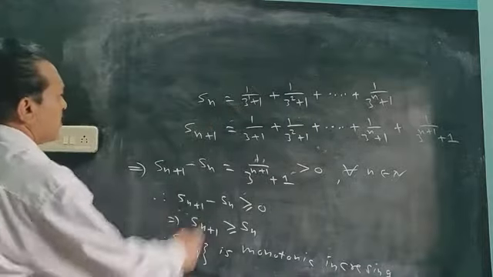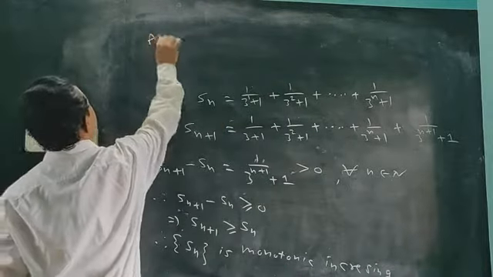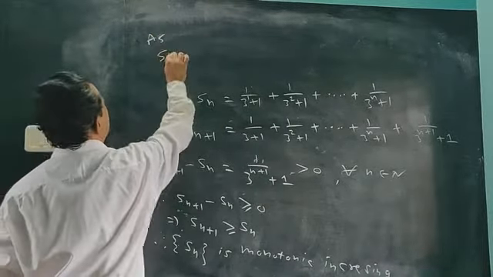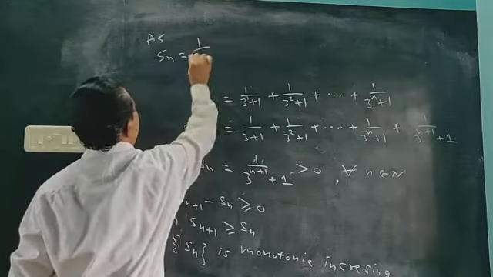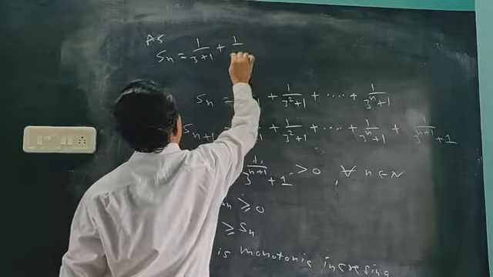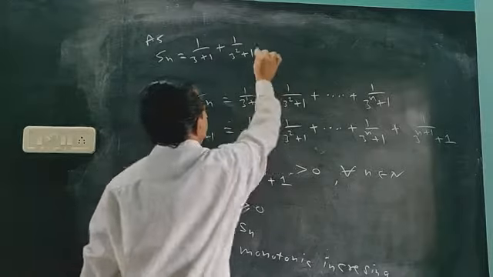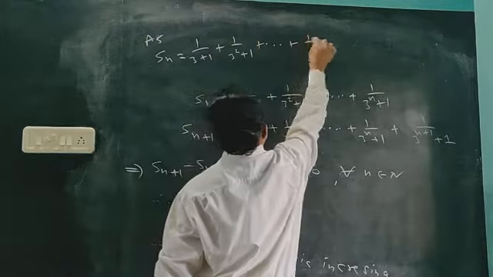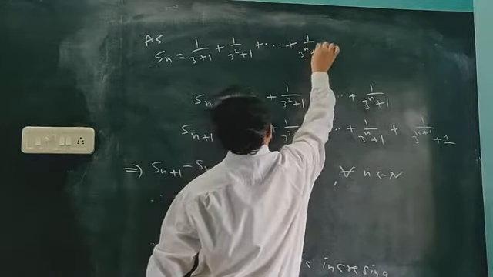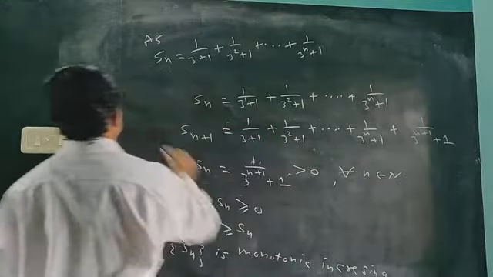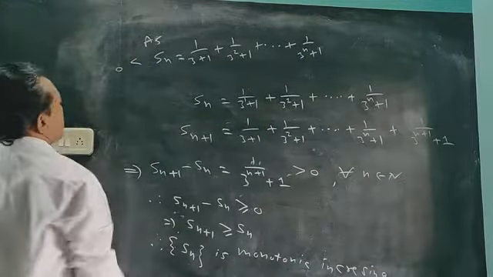Okay, bounded. Of course, this sequence Sn, 1 upon 3 plus 1, 1 upon 3 square plus 1, and so on, 1 upon 3 raised to power n plus 1, is a positive sequence. Positive terms, yes.